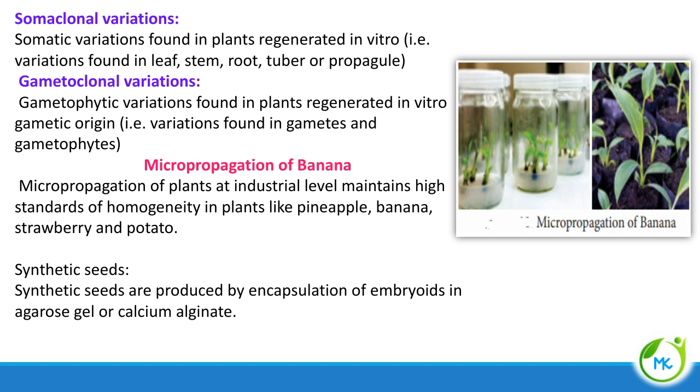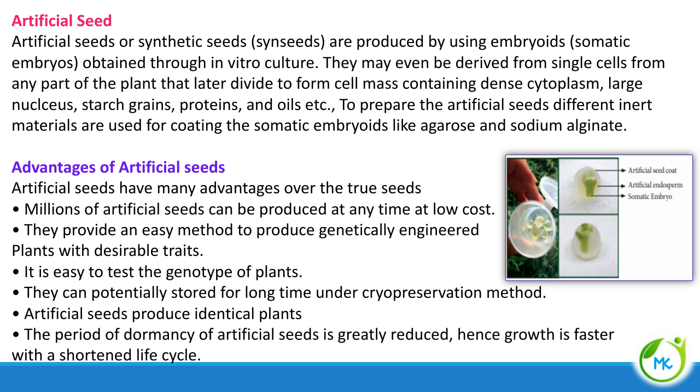The next topic is synthetic seeds. And the definition of synthetic seeds, they are produced by encapsulation of embryoids in agarose gel or calcium alginate. Okay, we can use some other inert materials also apart from these two, like we can use sodium alginate also.